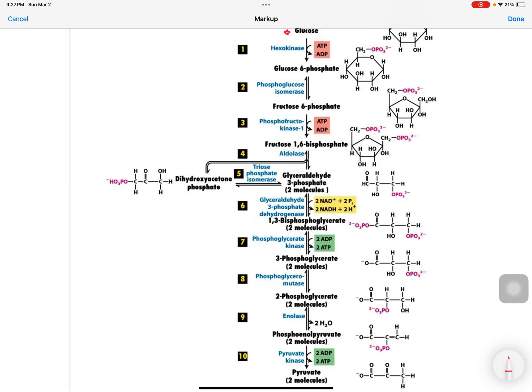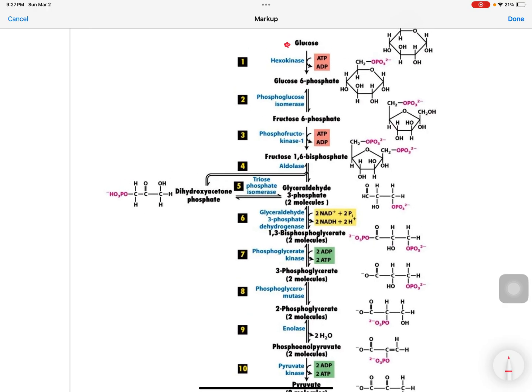So this process initiates with one glucose and ends with two molecules of pyruvate, producing ATP, which cells use as energy because ATP is a common form of energy in the cell.